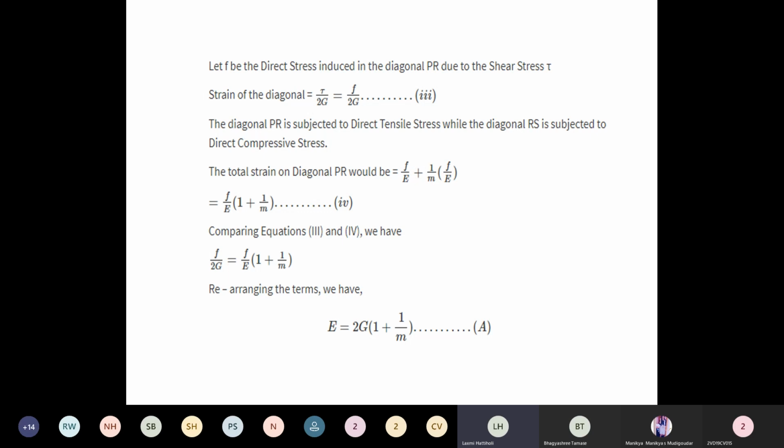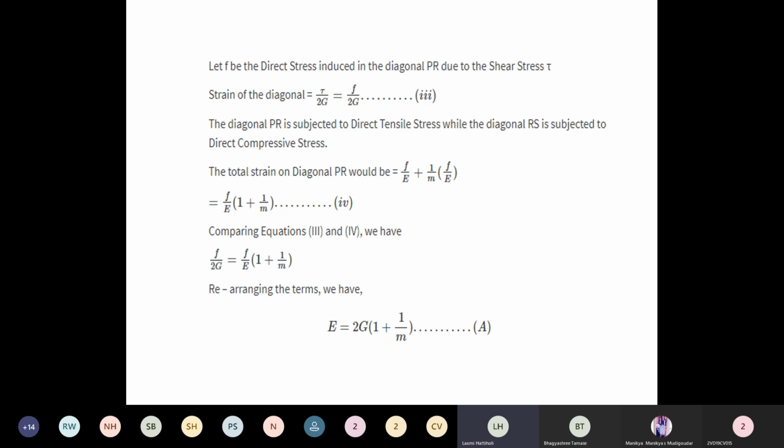So instead of writing mu, I have taken it as 1 divided by M, or you can take it in terms of F and 1 by M, one and the same.